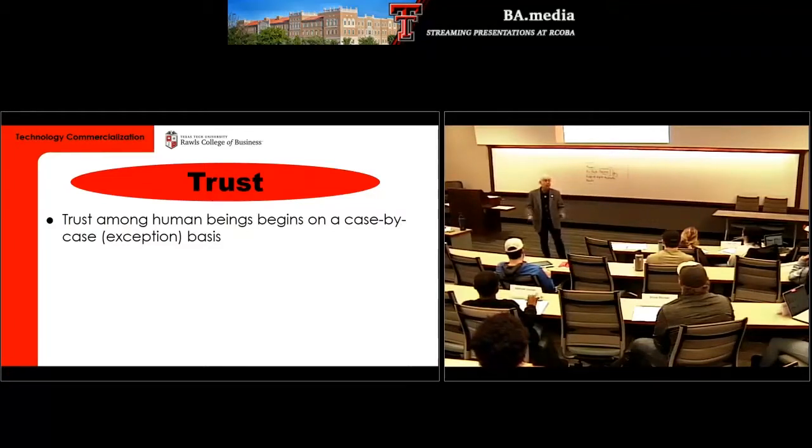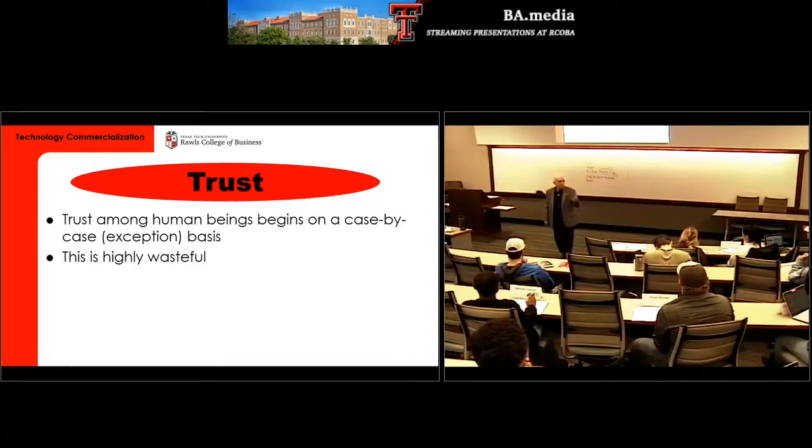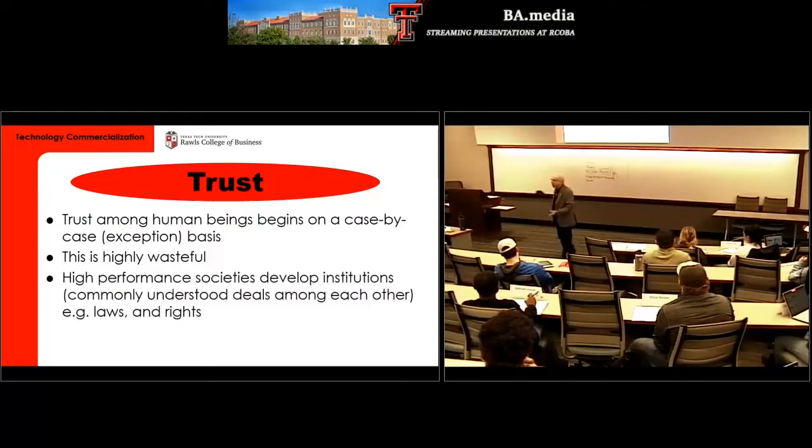And we do, okay, but the point is, case by case, Dr. Mitchell inviting you to the bus depot to talk about commercialization isn't going to fly. Trust happens then on a wasteful basis if you don't have all of the high performance things that societies have. We call them institutions, but it's like the common understanding.